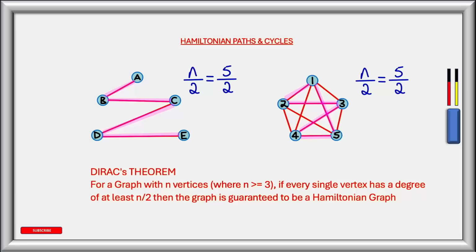So let's look at the vertices. And as you can see, every single vertex has a degree of 4. So this graph is guaranteed to be a Hamiltonian graph. And as we saw, it actually is. But remember, this theorem provides a sufficient condition, not a necessary one. So we might have a graph that fails Dirac's theorem, but it's still a Hamiltonian graph.